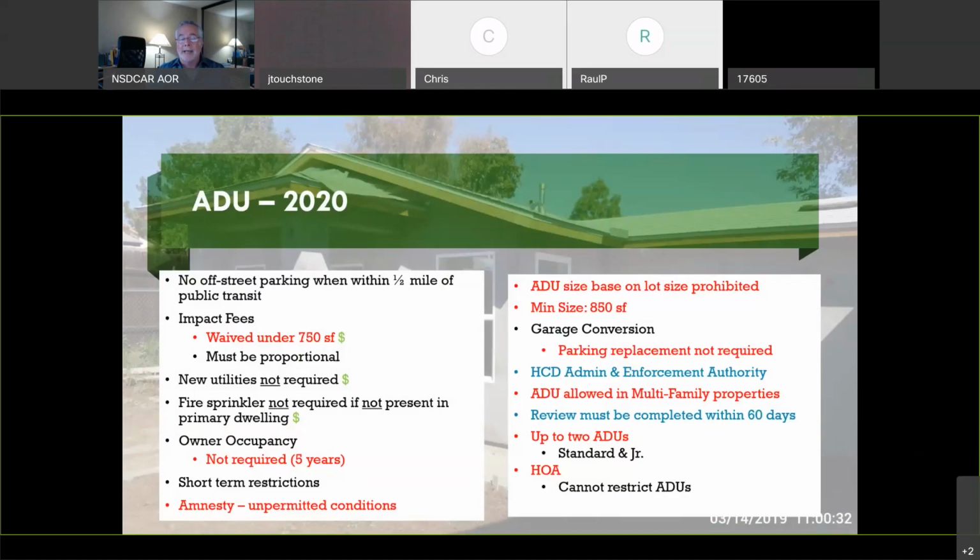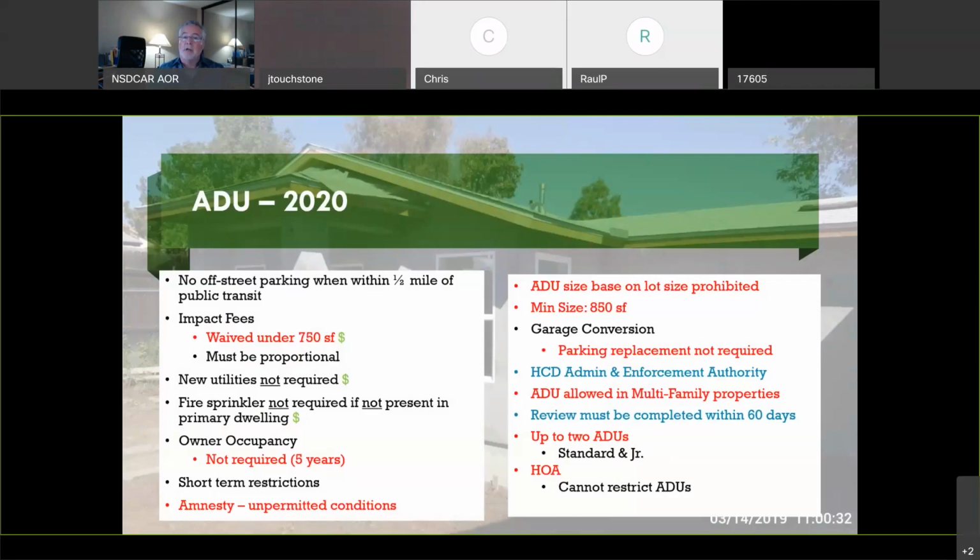They're going to come back and look at that and see what kind of impact that had. Understandably, there are neighborhoods that are very concerned about how this is going to impact them. So they're going to revisit that in 5 years. This is going to really open up a lot of investment opportunities now that that owner occupancy requirement has gone away. No changes to short-term restrictions.